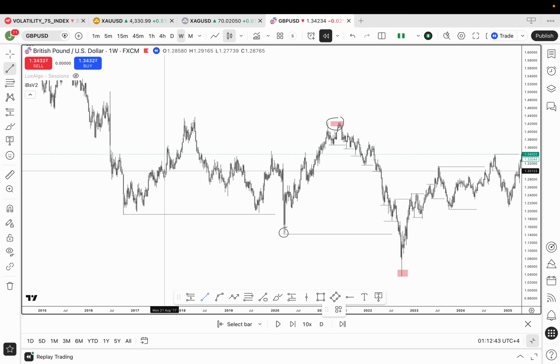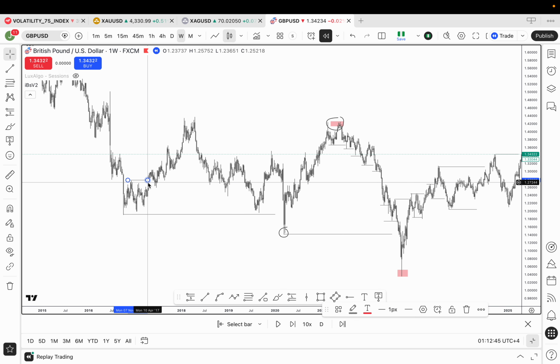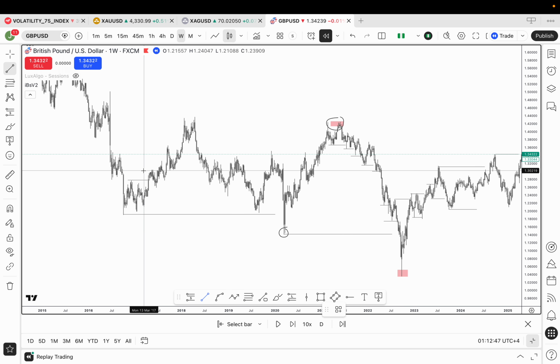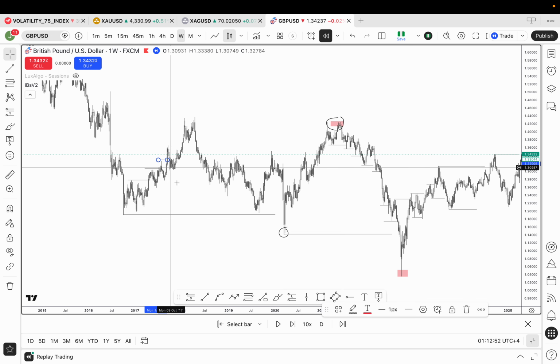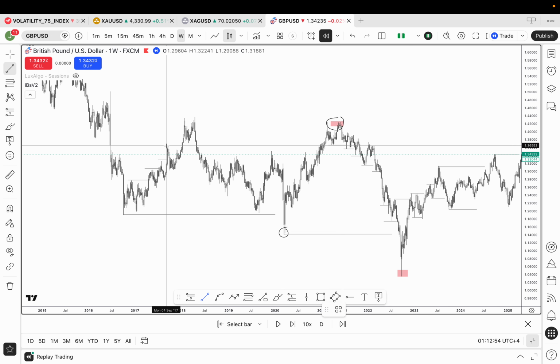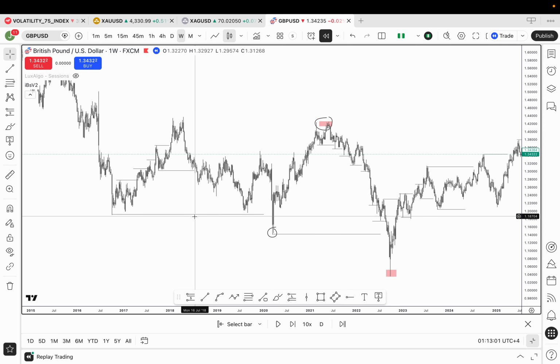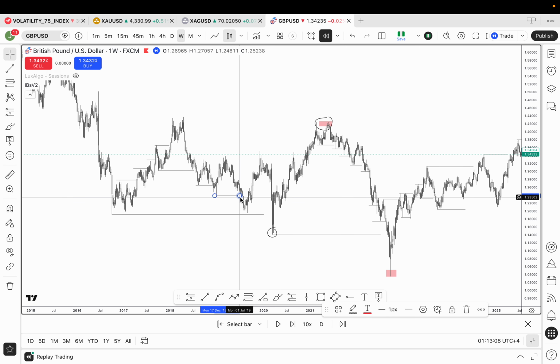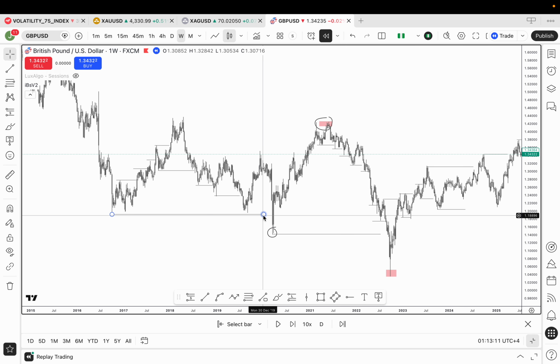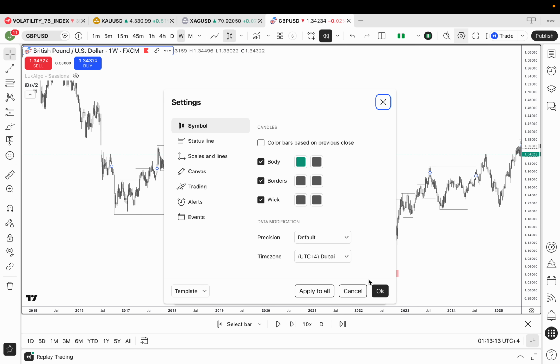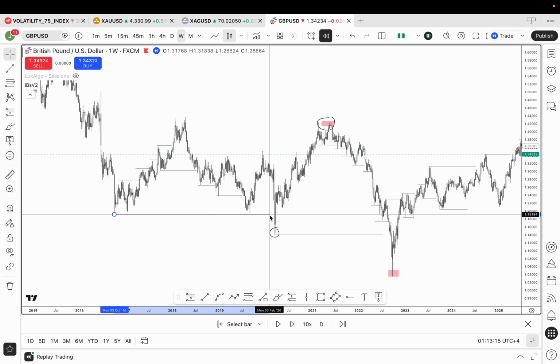So as you can see, we have a break from here, we have another break here, another break of structure, another break of structure, okay. Then we change direction from here, which is a market structure shift, a break of structure, right, another break of structure before the external break of structure, which you see here.